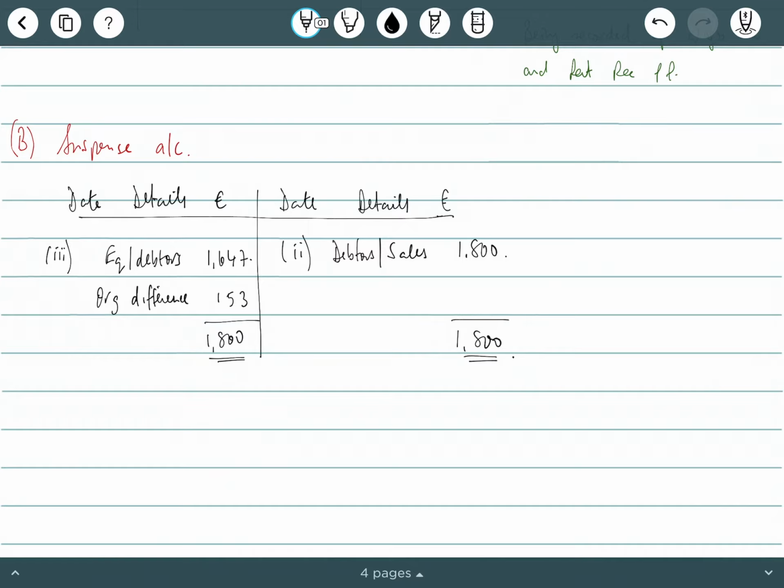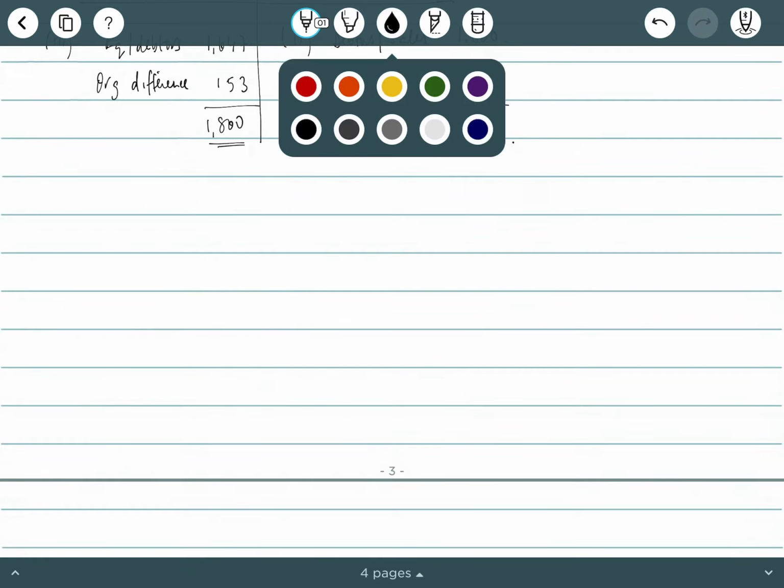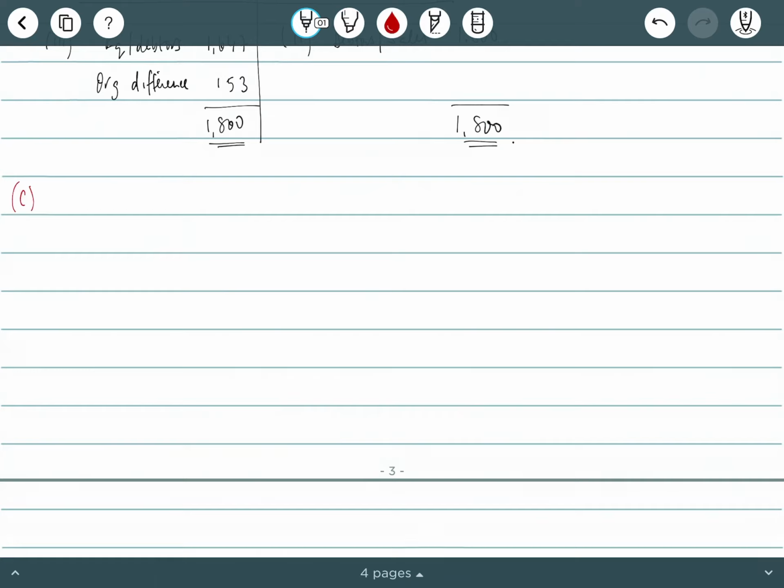When I fit it in here, I will. The next part of the question was to prepare a statement showing the correct net profit. So, statement of corrected net profit.